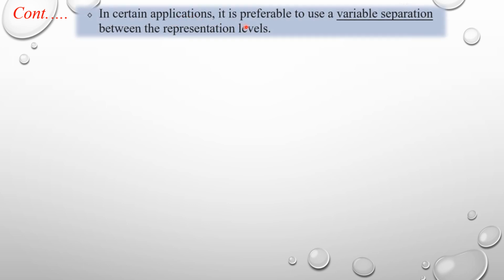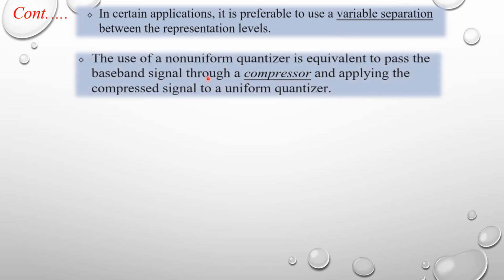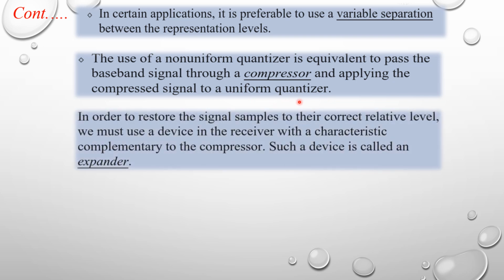In certain applications, it is preferable to use a variable separation between representation levels. The use of a non-uniform quantizer is equivalent to passing the baseband signal through a compressor and applying the compressed signal to a uniform quantizer. In order to restore the signal samples to their correct relative levels, we must use a device in the receiver with a characteristic complementary to the compressor.